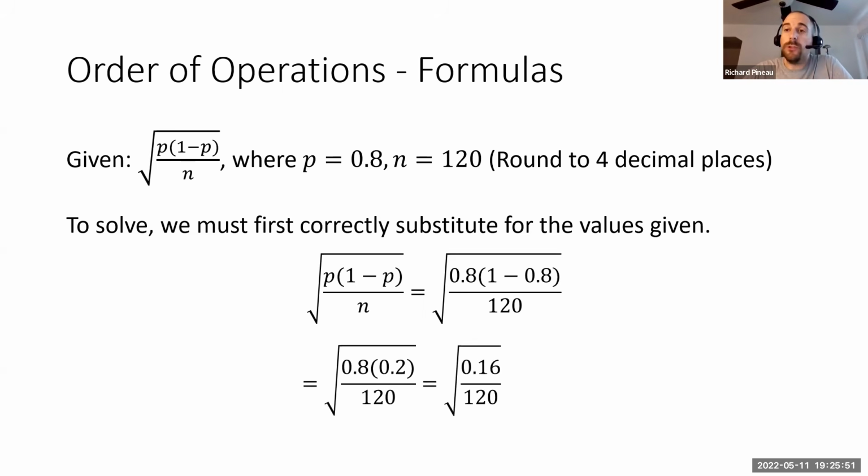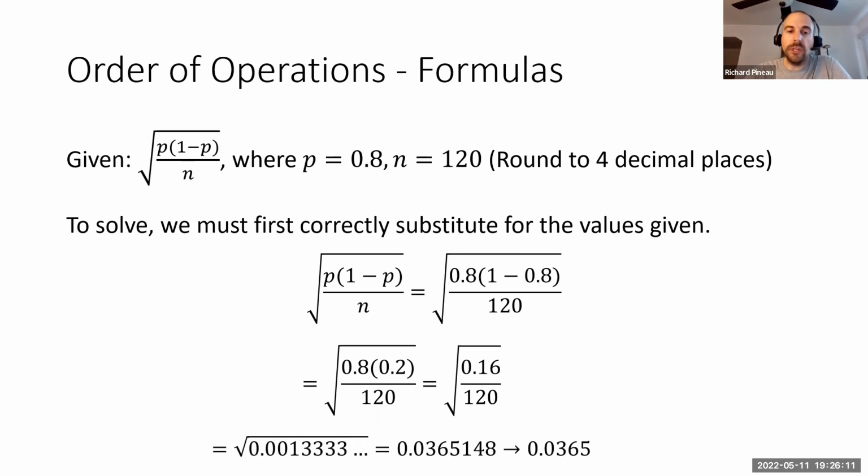So what we do is first use order of operations, which says take care of the parentheses. So we do 1 minus 0.8 and we get 0.2. Then we do the multiplication. So 0.8 times 0.2 is 0.16. So we take 0.16 divided by 120.